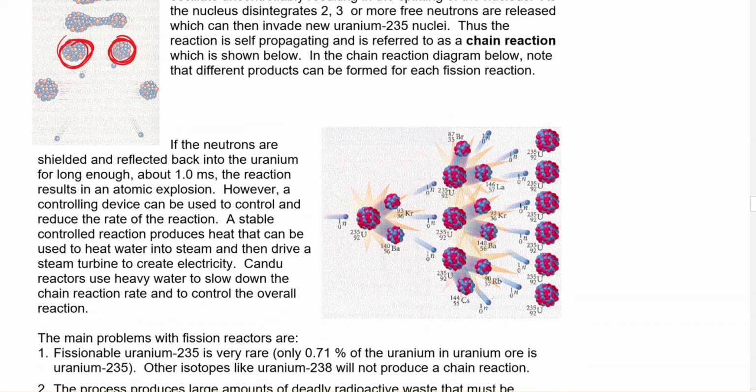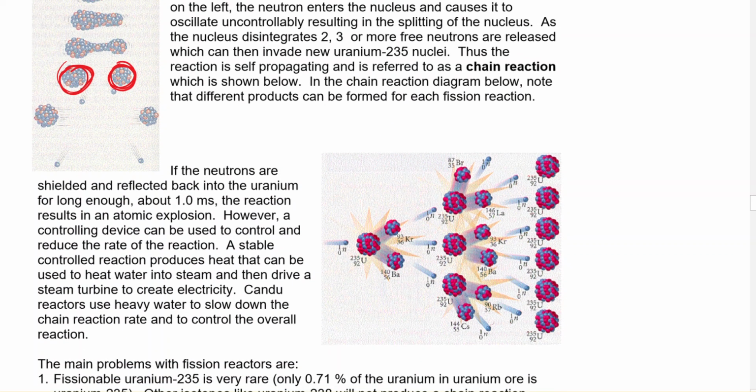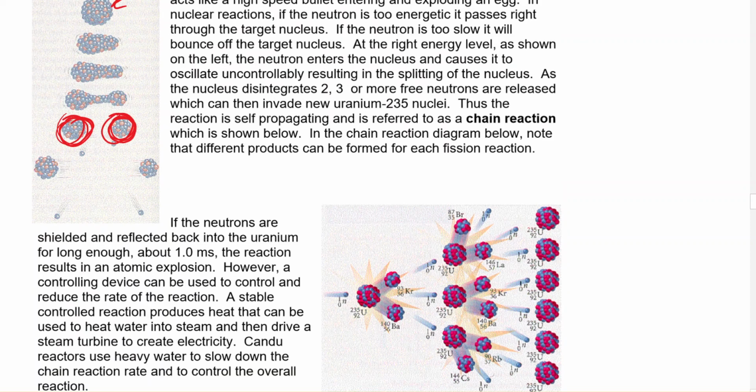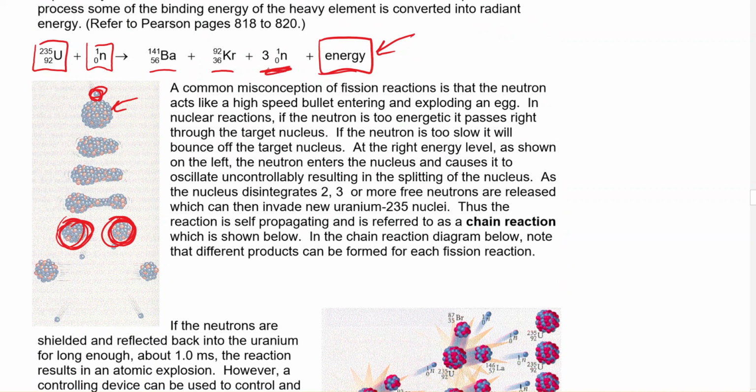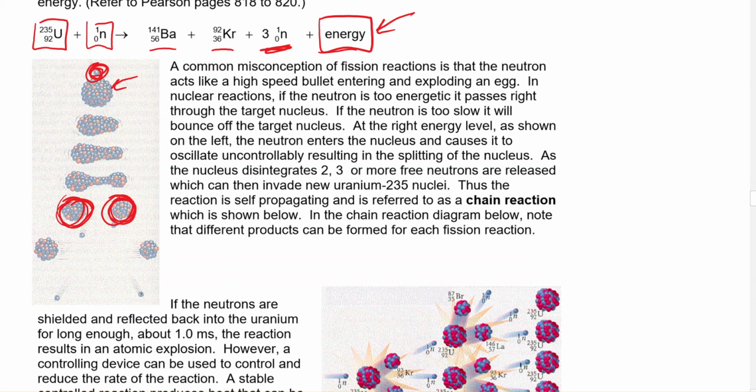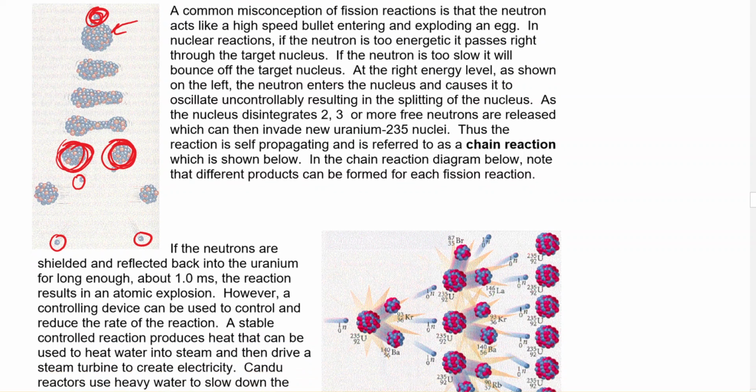And then what's going to happen there, though? This was one reaction, but notice after this reaction took place that we created 3 extra neutrons. Remember, it was a neutron that started this whole thing, like a rogue neutron that hit our uranium atom to begin with. Now we've got these extra neutrons flying around, and they are going to find their own uranium atoms to interact with and make this whole process happen again.